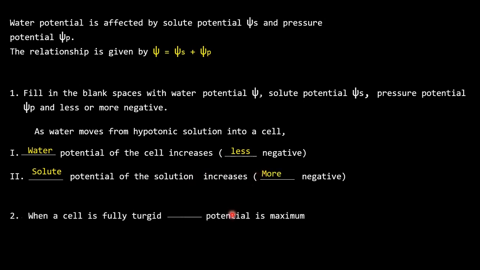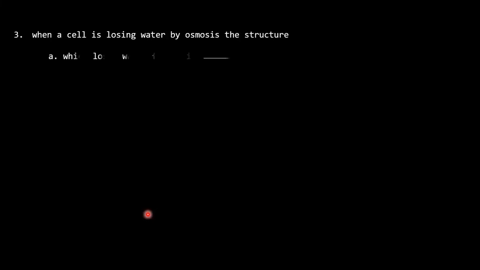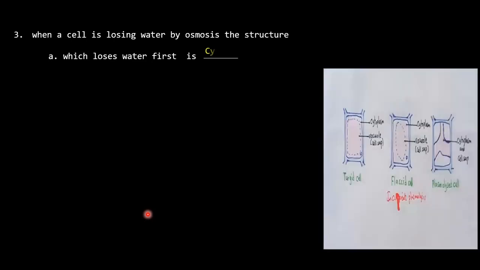When a cell is fully turgid, the contents are pressing on the cell wall, so its pressure potential is maximum. Then when a cell is losing water by osmosis, the structure that loses water first is the cytoplasm, because water will move from the cytoplasm into the external solution.